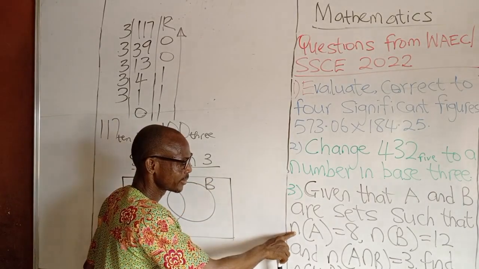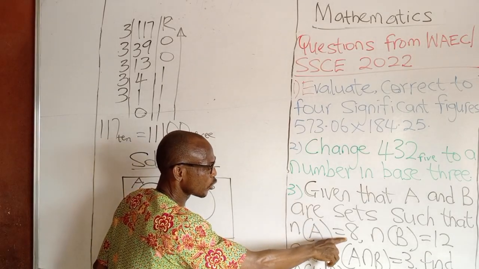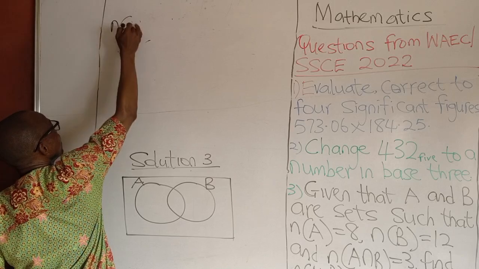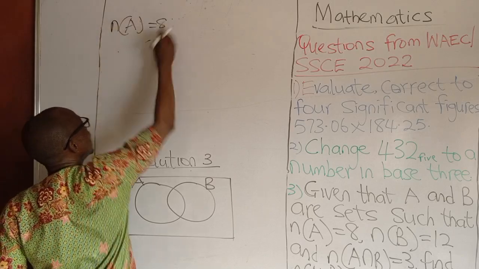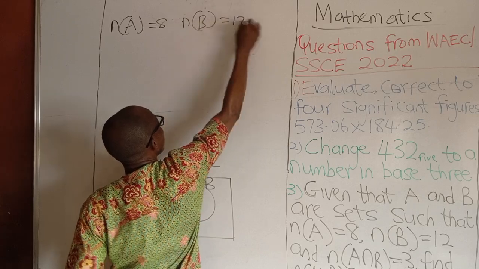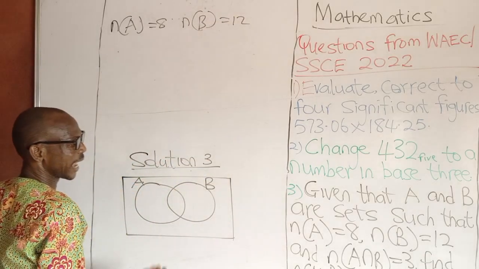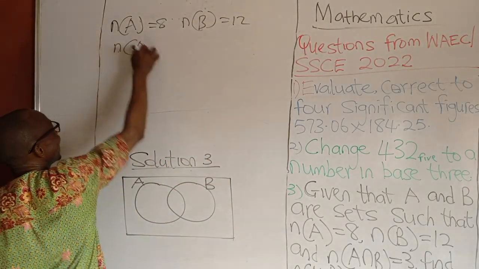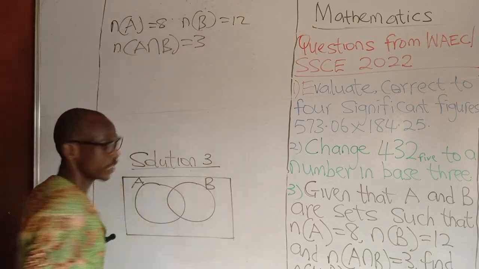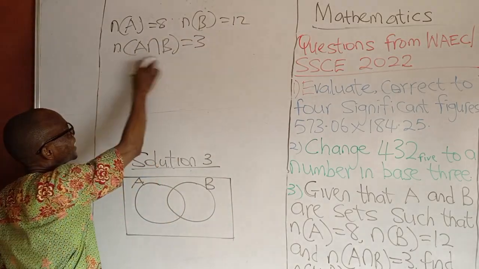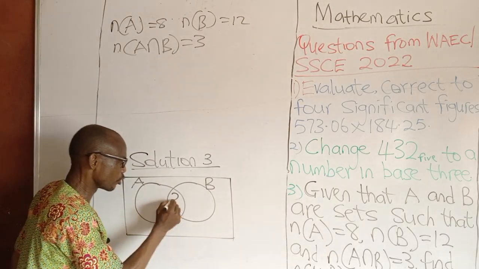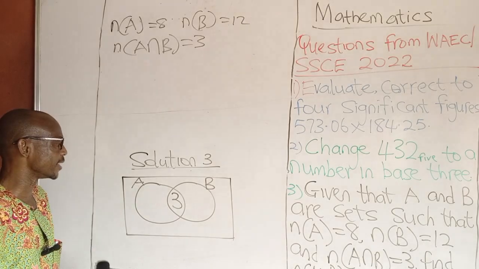Our n(A) is equal to 8. And we have n(B) equal to 12. And we have n(A intersection B) equal to 3. So A intersection B is 3. This is where they intersect, so you write your 3 inside.